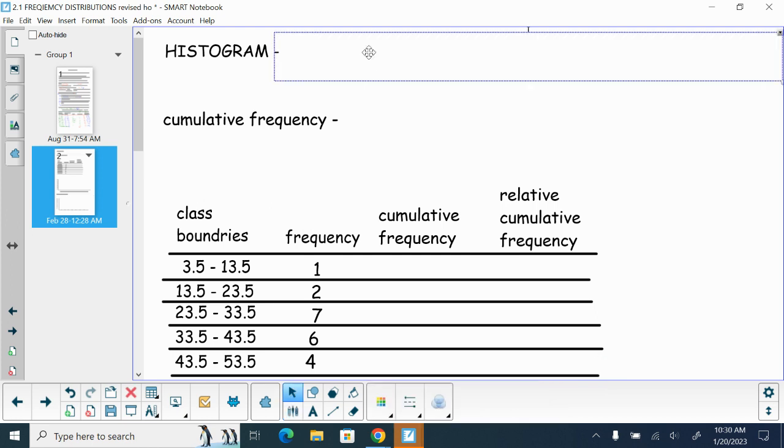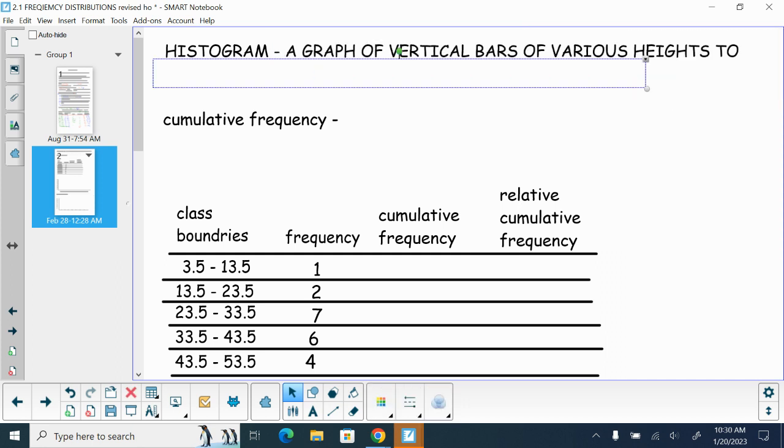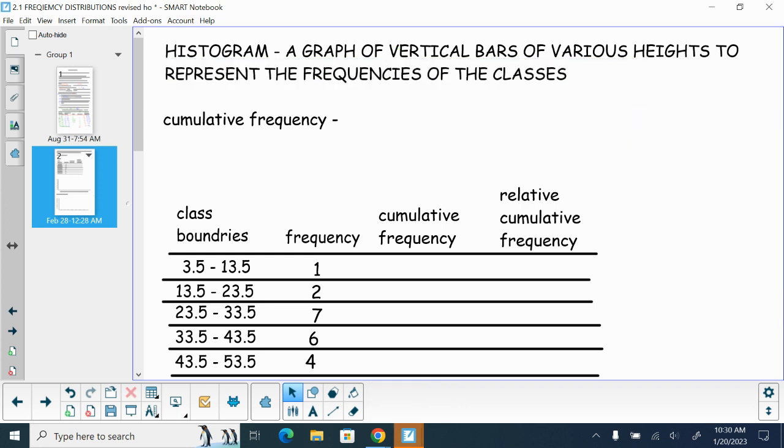Histogram. When we deal with a histogram, it's a graph of vertical bars of various heights to represent the frequencies in each class.